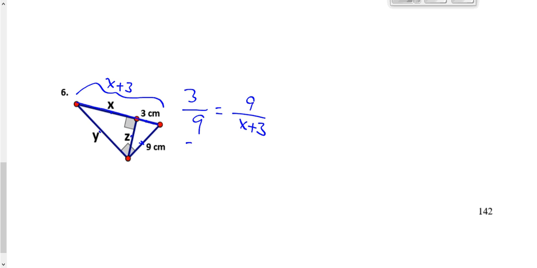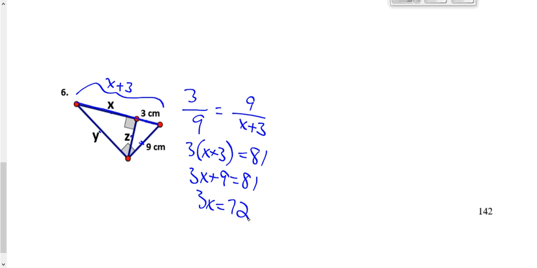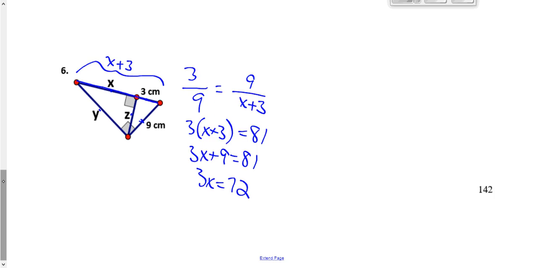So we get 3 times x plus 3 equals 81. 3x plus 9 equals 81, right? 3x equals 72. Divide by 3, so we get x equals 24. All right, we want to find y.